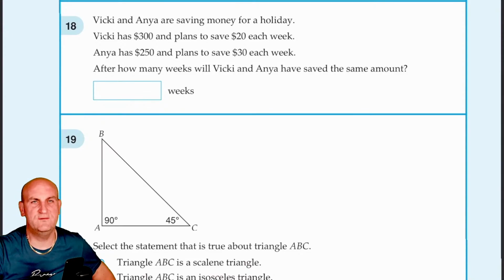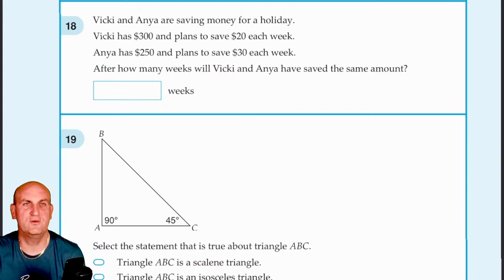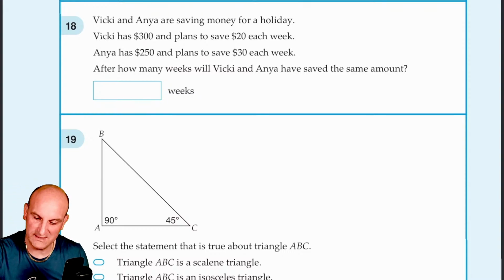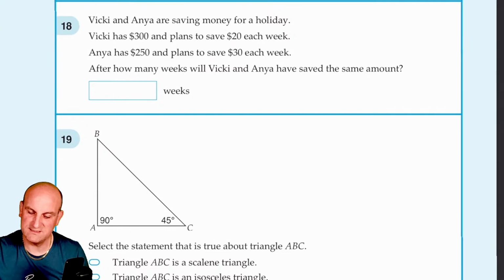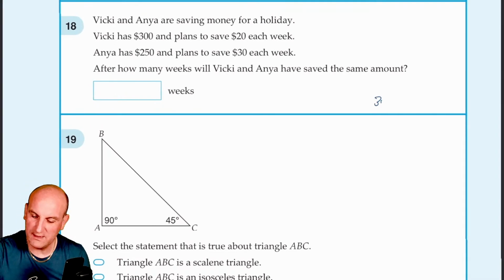Vicky and Anya are saving money for a holiday. Vicky has $300 and plans to save 20 each week. Anya has $250 and plans to save 30 each week. After how many weeks will Vicky and Anya have the same amount? All right, I have definitely done this paper. Whoever out there has asked me to do this paper, I swear to you I've already done it. But anyway, 300 and 250.